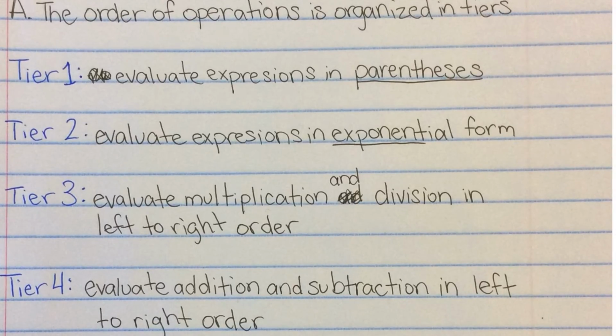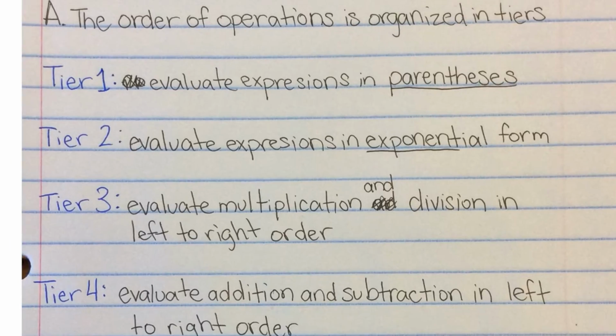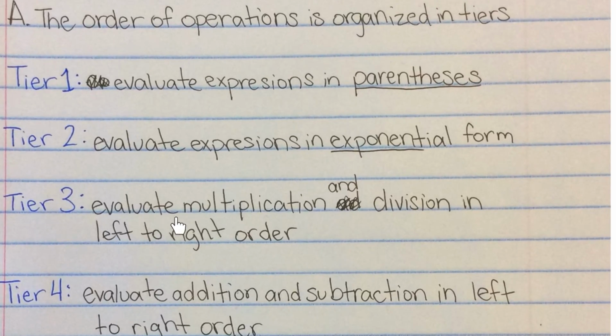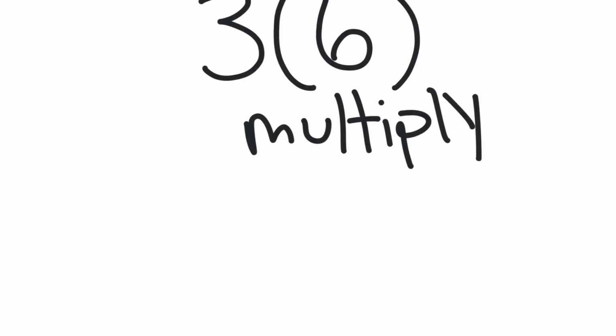And here's the kicker. You evaluate multiplication and division in left to right order. Okay, so multiplication doesn't always come before division. It only comes before if the expression tells us it comes before. So here's an example of that.